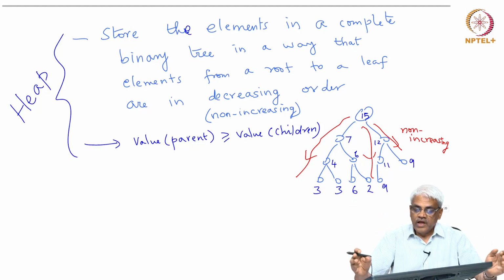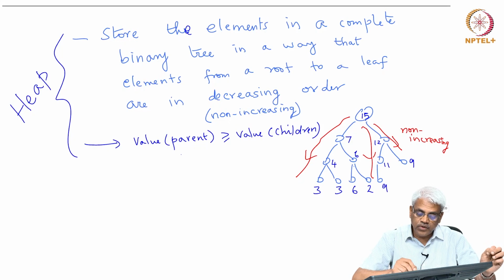Every node is going to have one of those values which I want to store, with the additional property that the value at any parent is greater than or equal to the value at its children. So 15 is greater than or equal to 7 and 12, 12 is greater than or equal to 11 and 9, 11 is greater than or equal to 9, 6 is greater than or equal to 6 and 2, and so on and so forth.